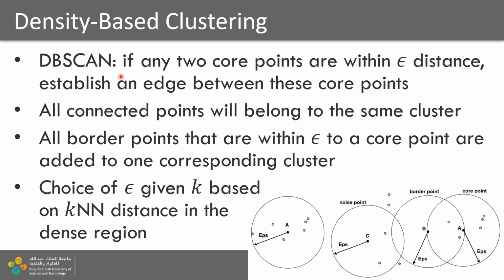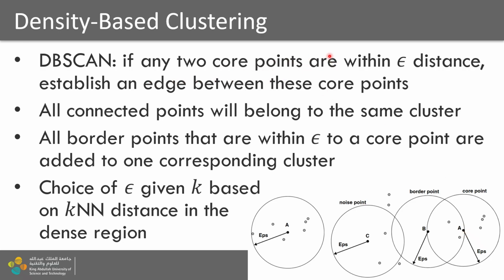The principle of DBSCAN is that once we have all the points classified, for any two core points which are within an epsilon distance of each other, so one is within the epsilon region of another, like we can see here, and A will be some core point itself.